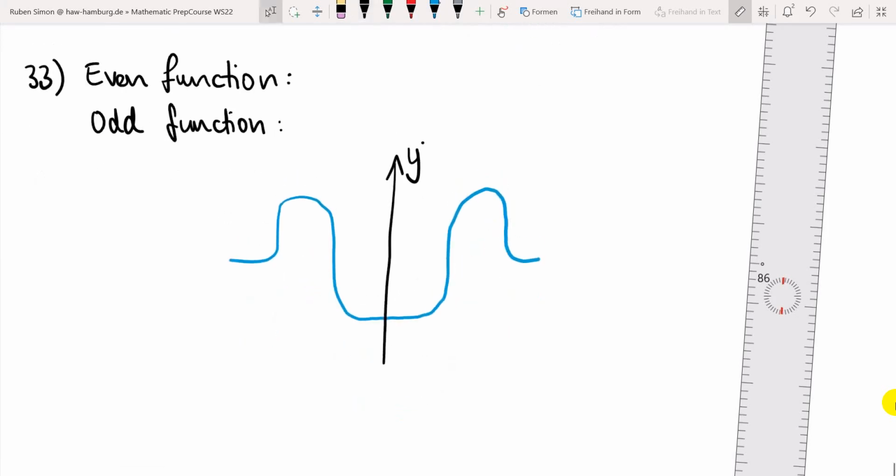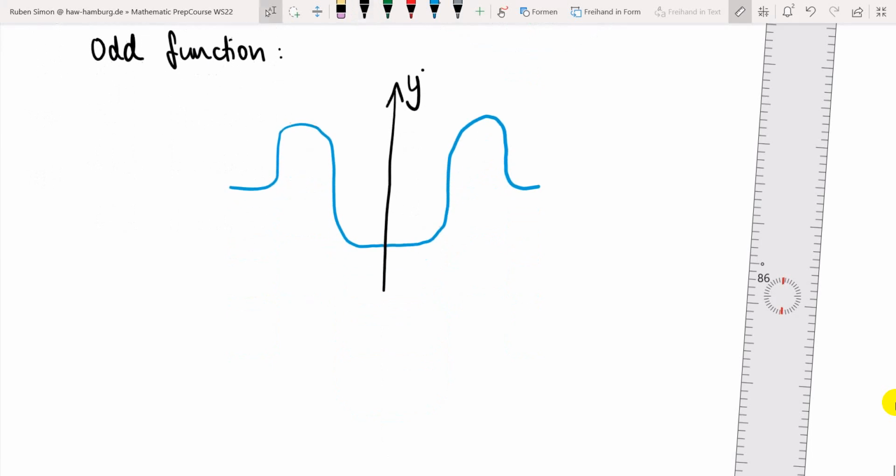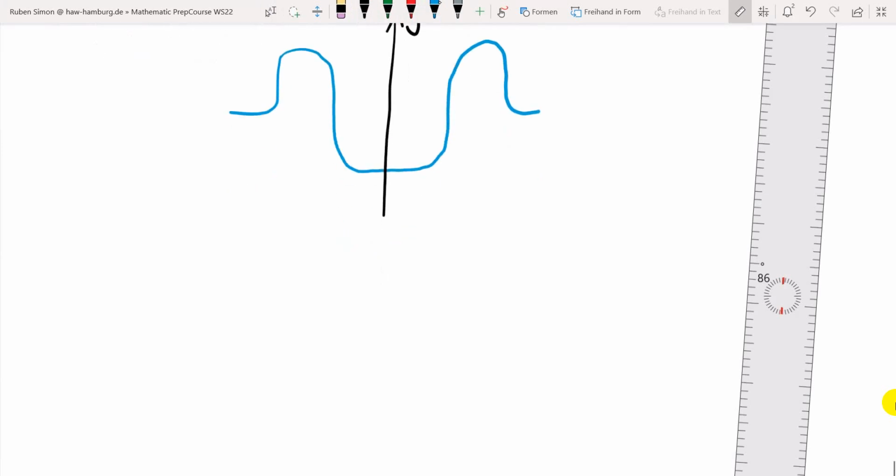Okay, and what about the odd function? Does anyone remember the definition of an odd function? Symmetry lies in the main point of the Cartesian coordinate system. Origin. So 0, 0, yeah, 0, 0. Okay, so in this case, it matters where the x and y axes are, both of them.